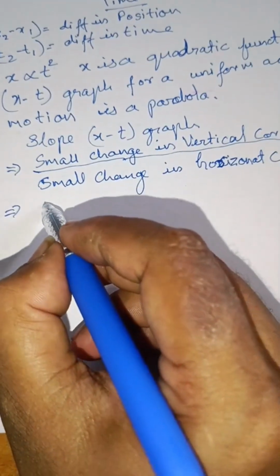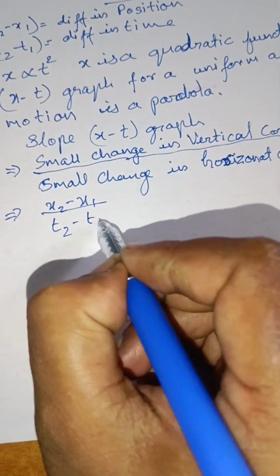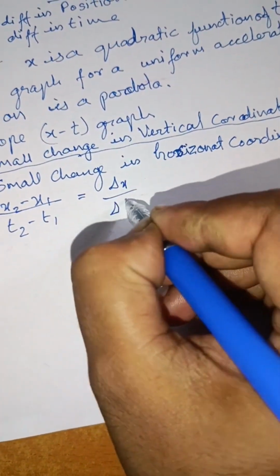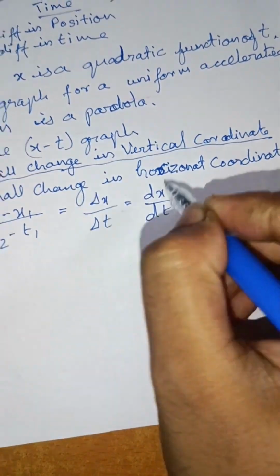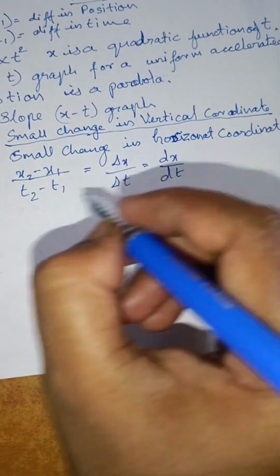We'll substitute these values: x2 minus x1 divided by t2 minus t1, which we can also write as delta x by delta t, or dx by dt. So we can define this as the velocity at that instant of time.